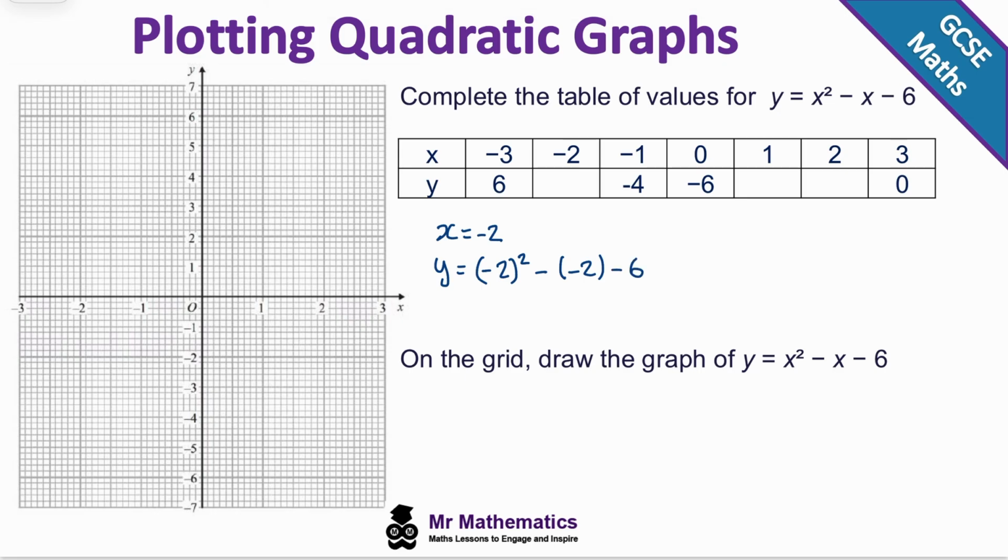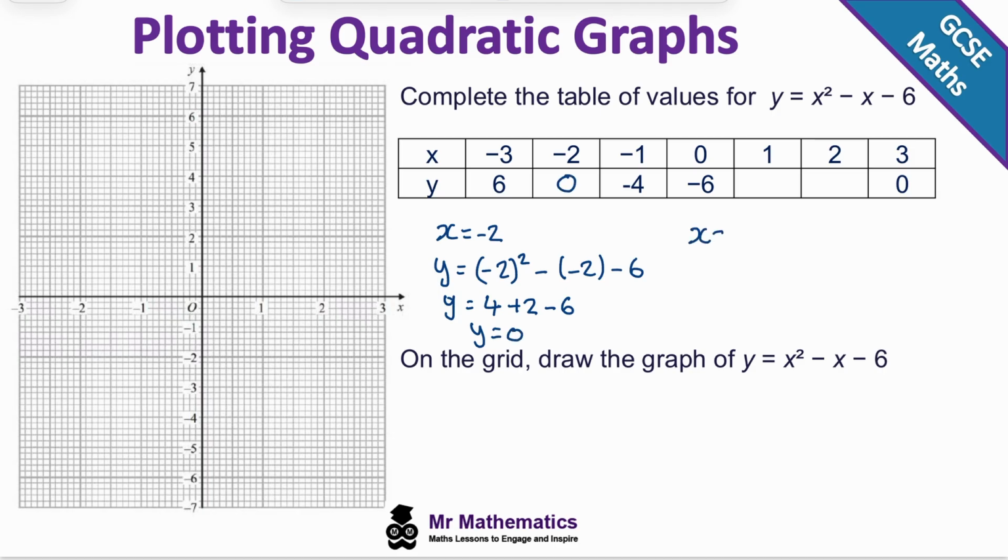So now we can break this down. We've got the -2 squared, which will give us 4. And when you subtract the -2, we get a +2. And then when you take away the 6, we've got 6 take away 6, so y will equal 0. And I'll put that into our table.